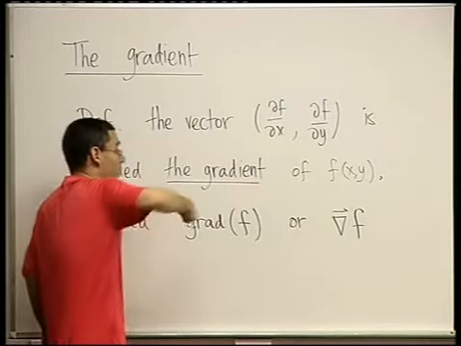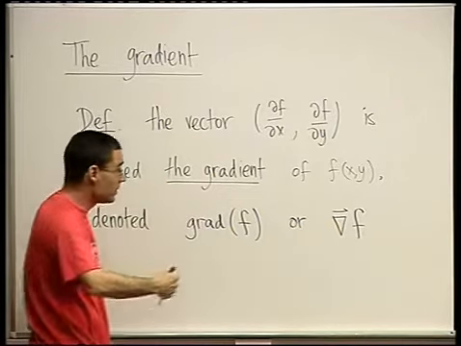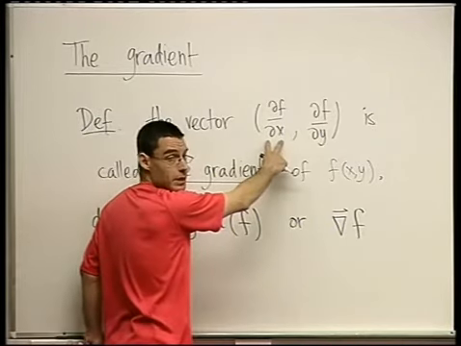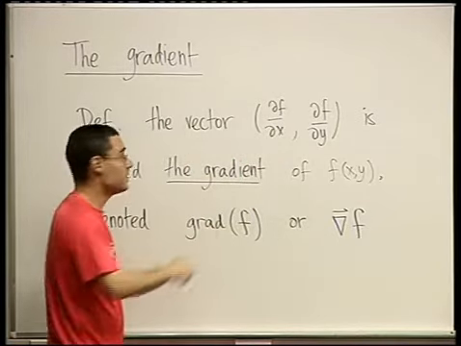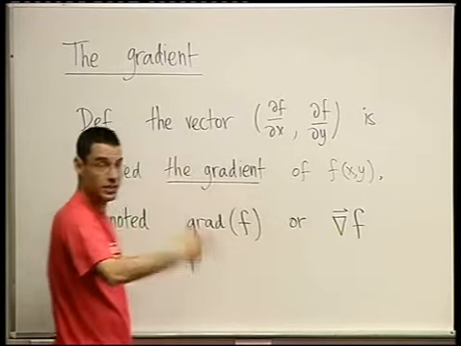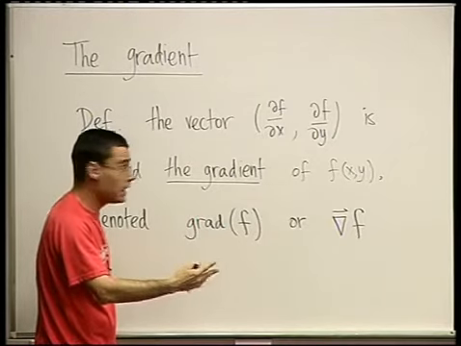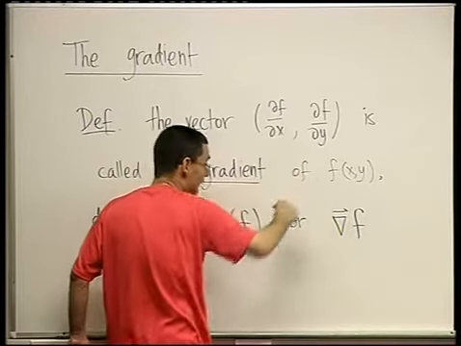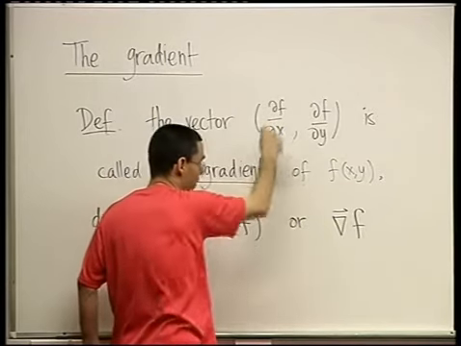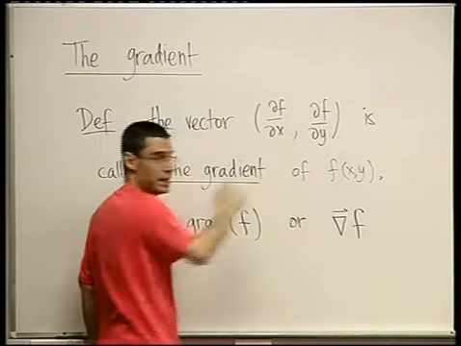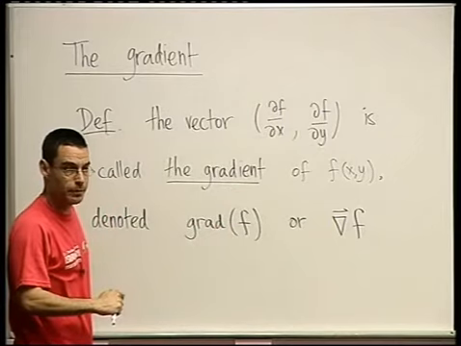And when you evaluate it at a given point, you get a number, right? df to dx at the point x0, y0 is a number, and df to dy at the point x0, y0 is a number, okay? So for any x0, y0, you get a number, df to dx at x0, y0, and df to dy at x0, y0. Clear?